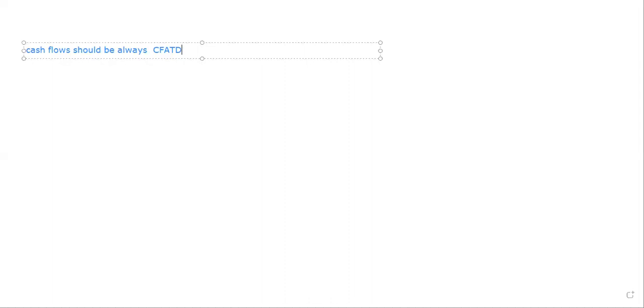Remember, if in the sum it is mentioned that the annual cash flow is so and so, and beyond that he didn't mention anything regarding depreciation or taxation, then I will assume that he has given me CFATD only. So I need not make any further calculations on it.